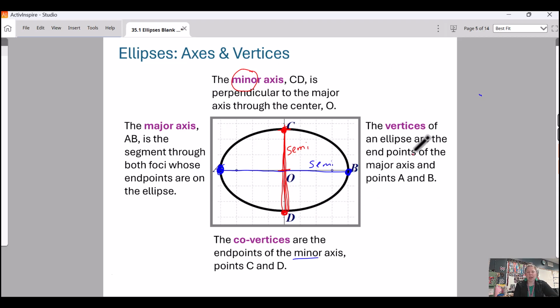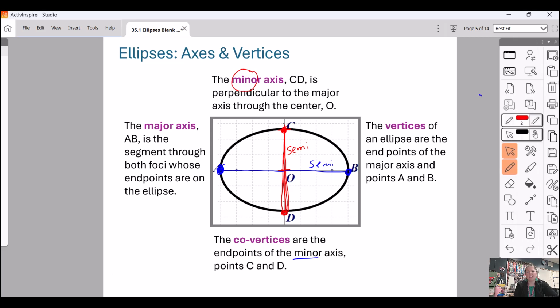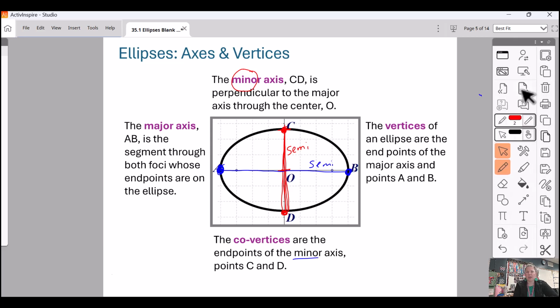There's just a lot of vocabulary, so you may need to pause the video here and write some of this down, or draw your picture and label your picture if that's easier. But you need to know those vocabulary words. Semi-major is like a radius, semi-minor is like the short radius, so the semi in front is like the radius length, and then major or minor is all the way across. It's kind of like your short diameter and your long diameter.